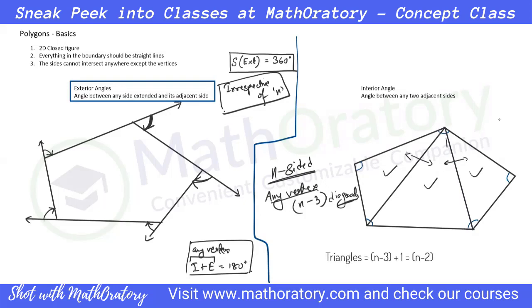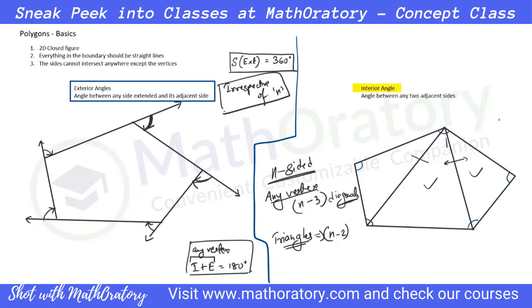For instance, in this figure, there are 2 diagonals, 1 and 2, and there are 3 triangles, right? So there will be 1 more triangle. So effectively, the number of triangles that will be formed will be n minus 2. Now, please understand, this is not the same as how many triangles we can form. We can actually form a lot of different triangles here. But the point is, from one vertex, if I draw all the possible diagonals, then there are n minus 2 triangles being formed.